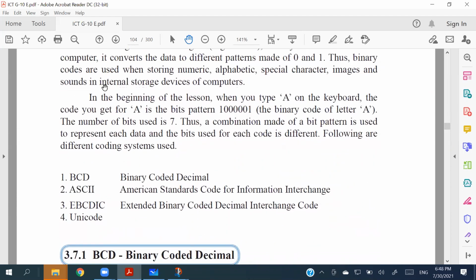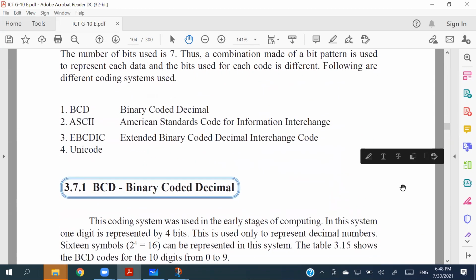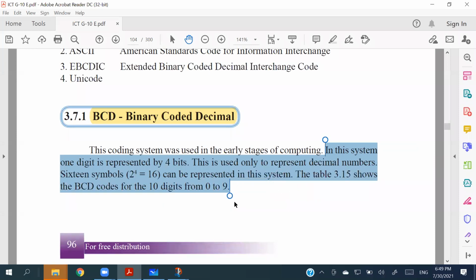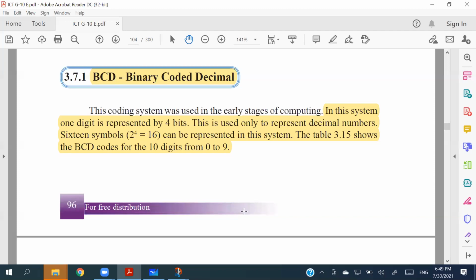They are just giving the general explanation. So you can straight away write this subheading, BCD, binary coded decimals, right? Then you can copy this, from here to here. Plus we have to copy the table as well. So first copy this, then we'll move to the table.